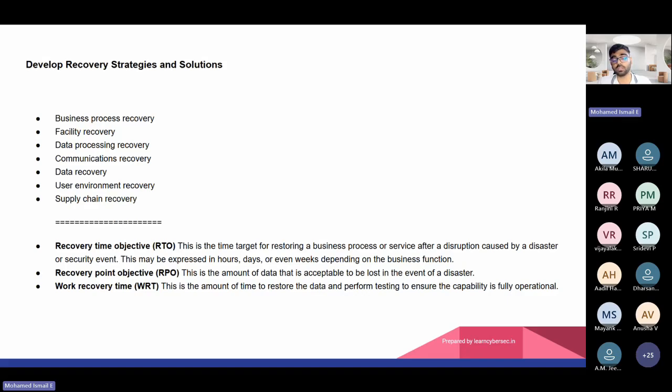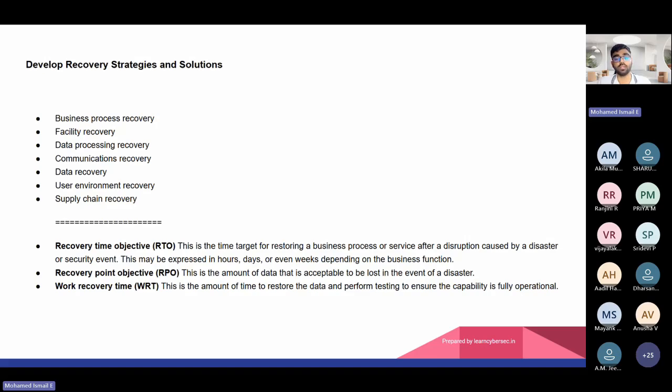This may be expressed in hours, days, or even weeks, depending on the business function. So the time target for restoring a business process or a service after a disruption. In the same example, after a flood, how long will it take to recover the business? That is the recovery time objective.